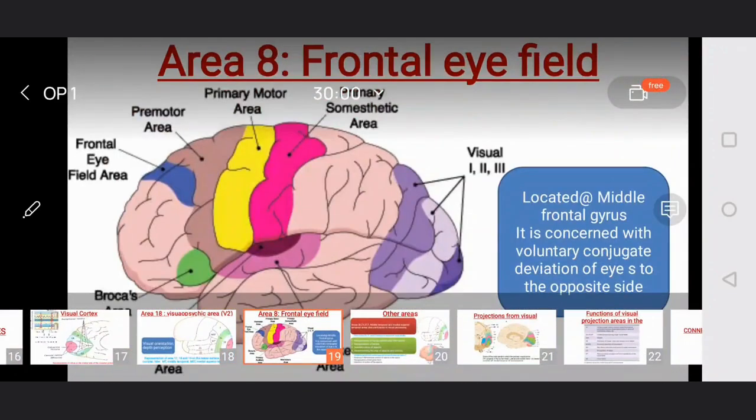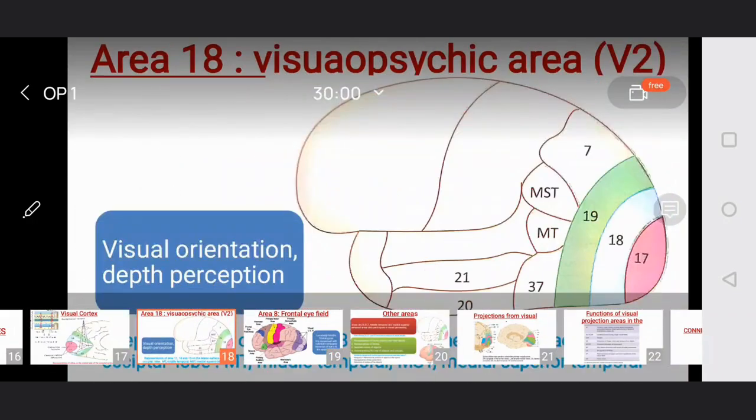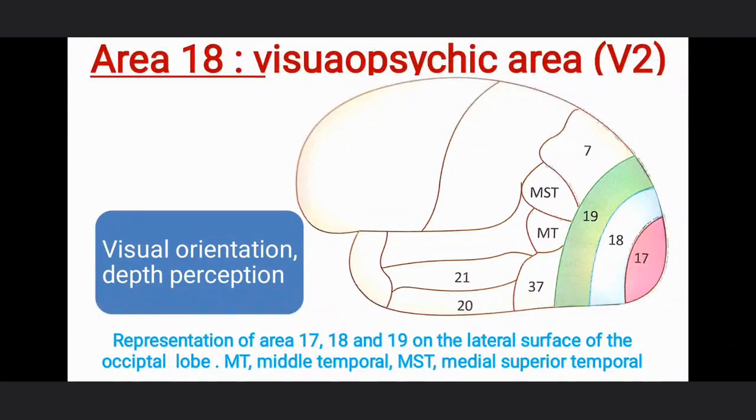Now area number 19. This area number 19 is the occipital eye field, located anterior to area 18 on the lateral surface of the occipital lobe.